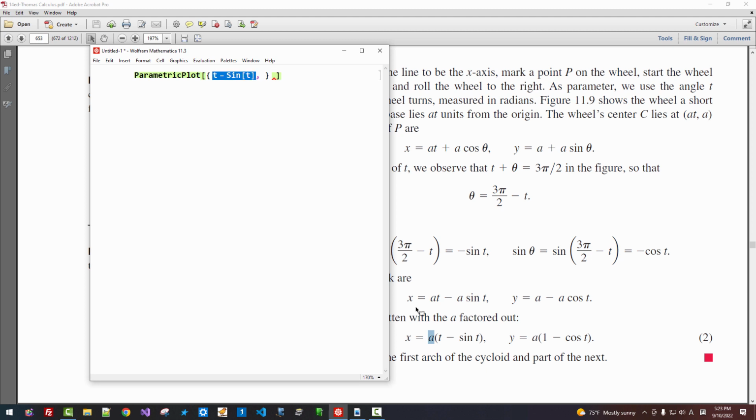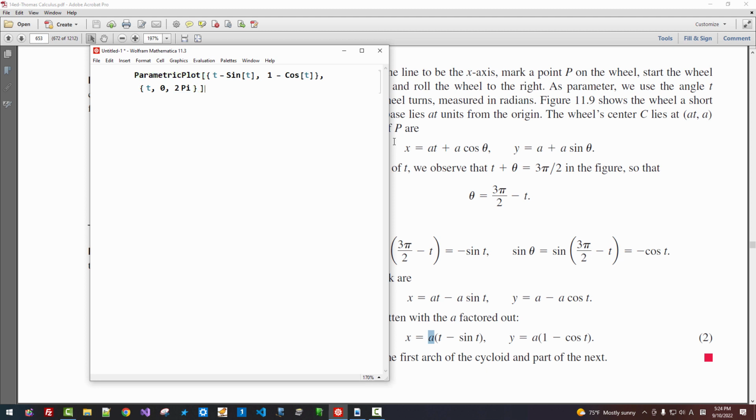This represents x coordinates. Then 1 minus cosine t. This represents y coordinates. We need a curly brace once again. t runs from 0 up to 2 pi.